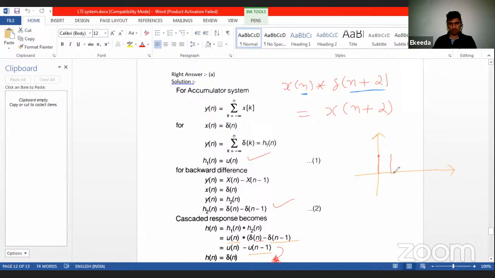This is u(n) and it continues to infinity. This is n. And what is u(n minus 1)? Just shift right by one duration. So this will be one here, one here, one here, and then it will continue.